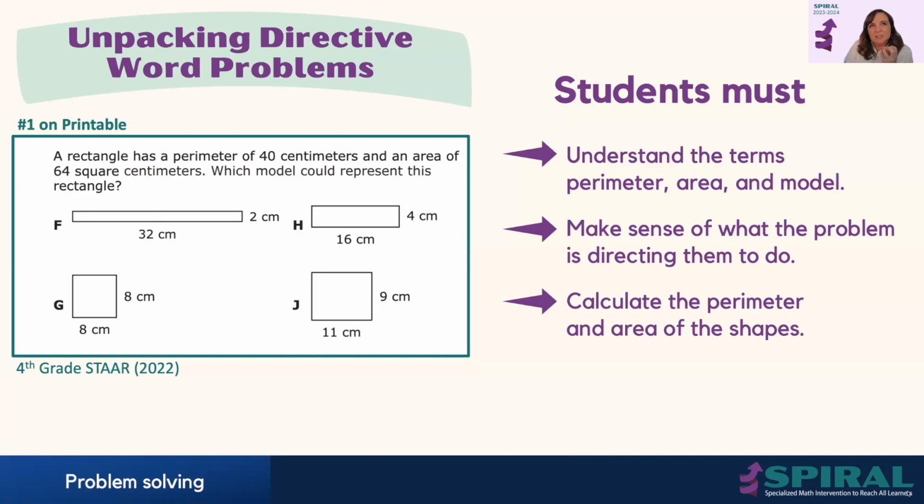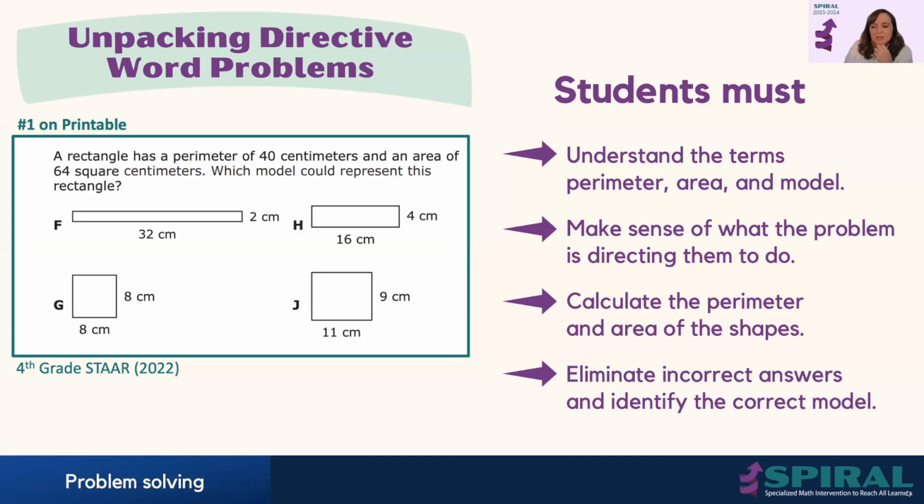And students must have a skill with being able to calculate the perimeter as well as calculate the area of different shapes in order to be able to solve this problem correctly. So, right there, I see a lot of knowledge and skill that is necessary to be able to solve this problem here at fourth grade.